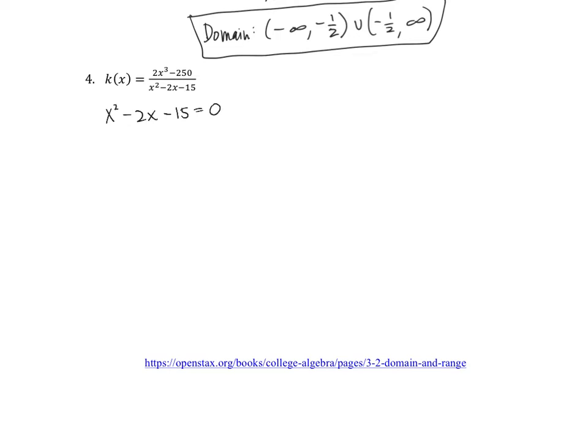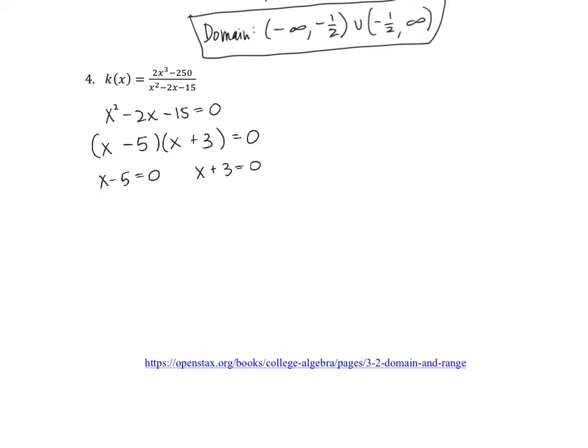That means this is a quadratic equation, so now I'm going to solve by factoring. Remember, if it doesn't factor, you could use the quadratic formula. So x and x: what multiplies to get negative 15 and adds to get negative 2? That would be negative 5 and positive 3. Now I can set each factor equal to 0 separately and solve.